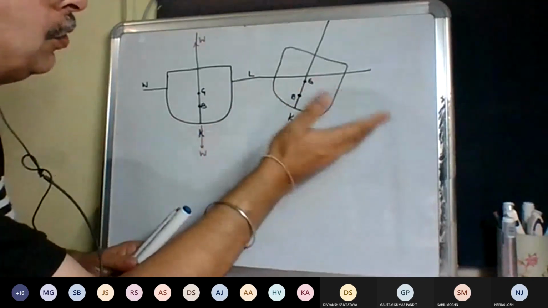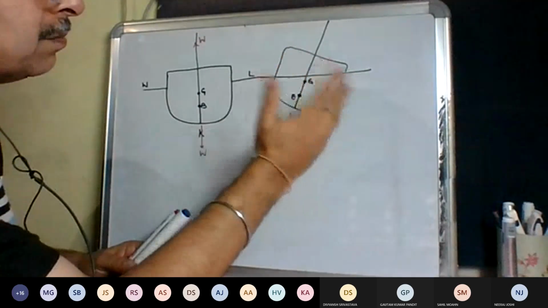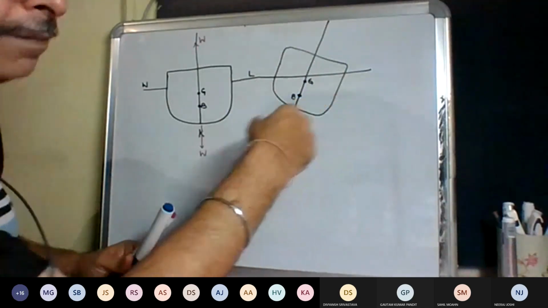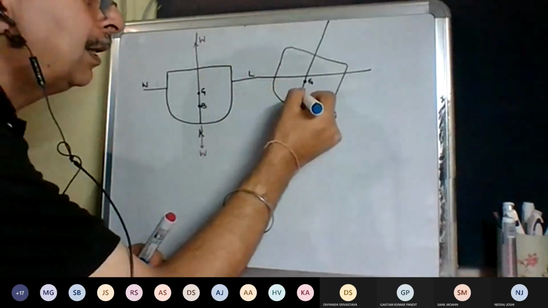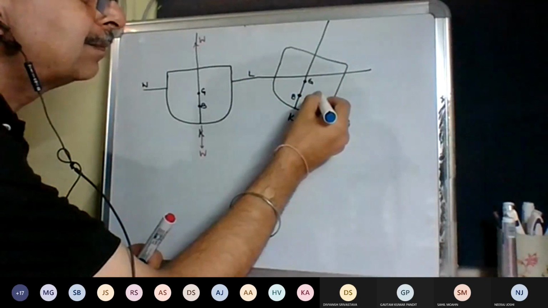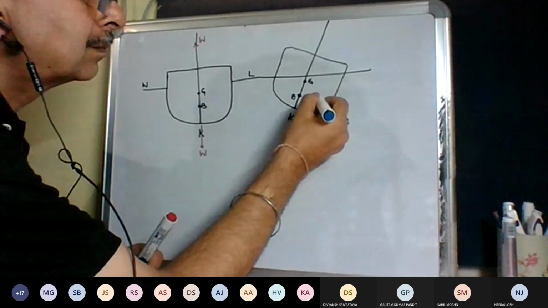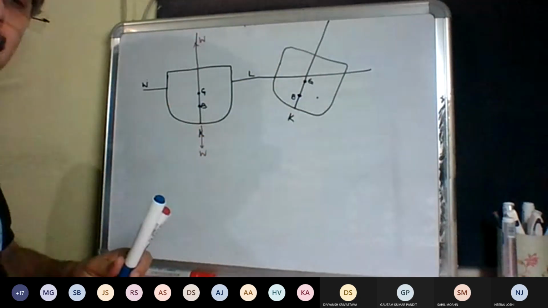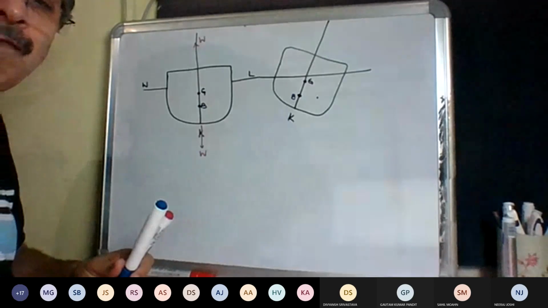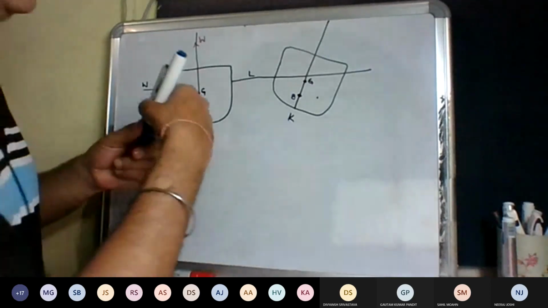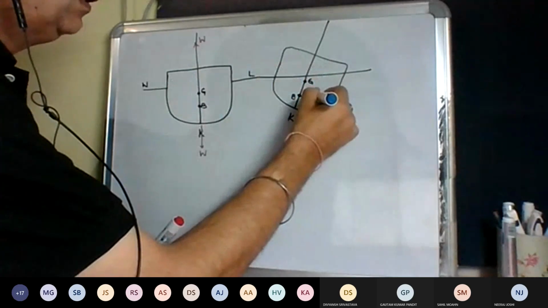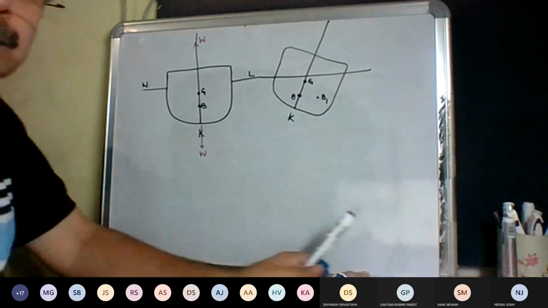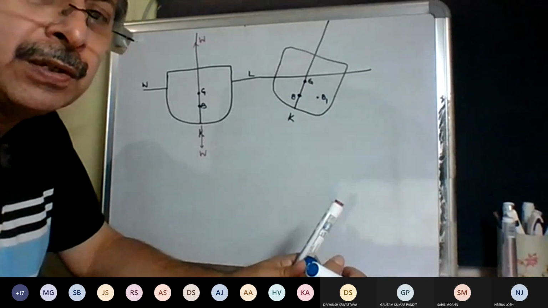Since my underwater volume on the starboard side is more, therefore my B1 will shift in a direction like this, somewhere over here, and it is through this B1 that the force of buoyancy will now act vertically upward. Do you all agree to this? Yes or no?